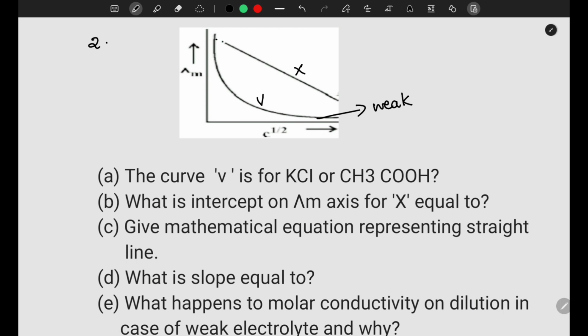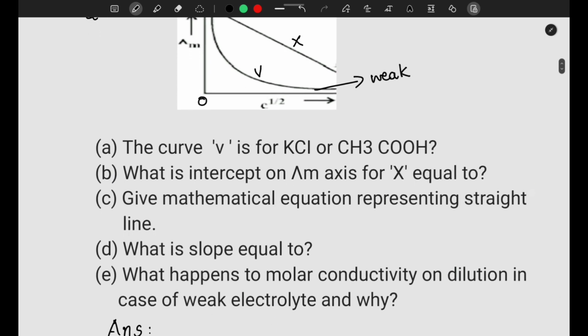Intercept means when we extrapolate, the graph will touch the y-axis at a point, that is at 0 concentration the molar conductivity will be the limiting molar conductivity. So the intercept on the lambda m axis is equal to lambda m0, the limiting molar conductivity.